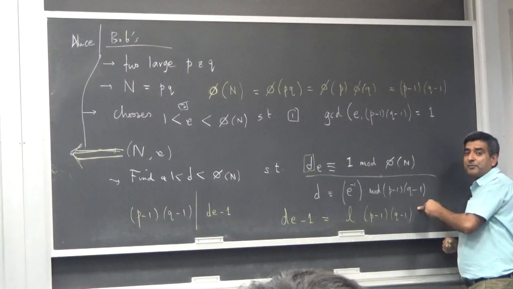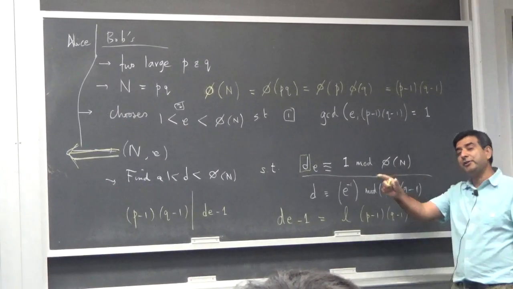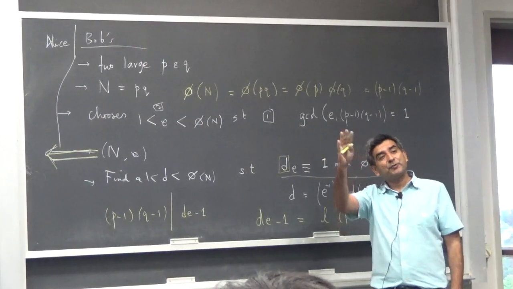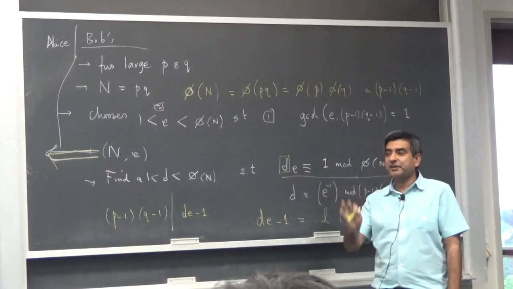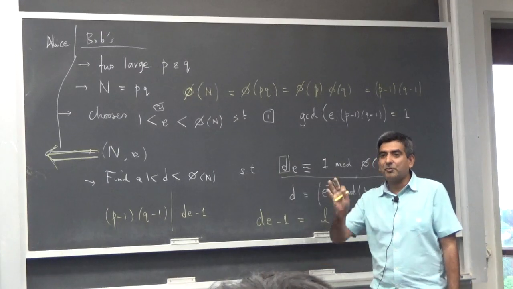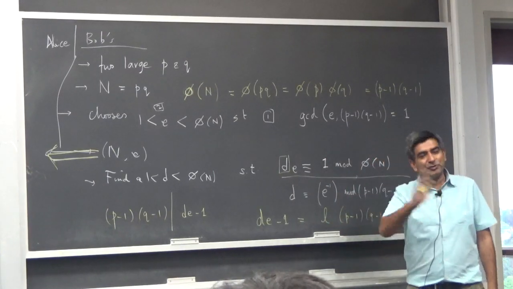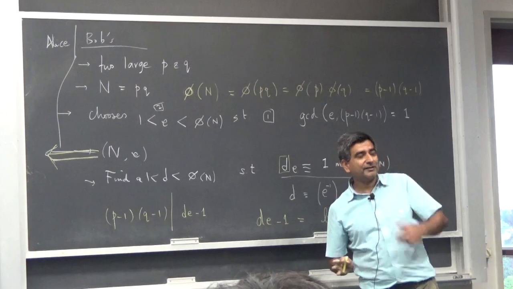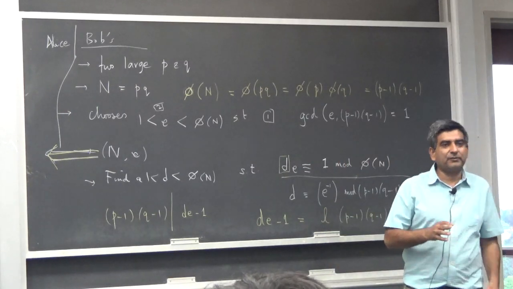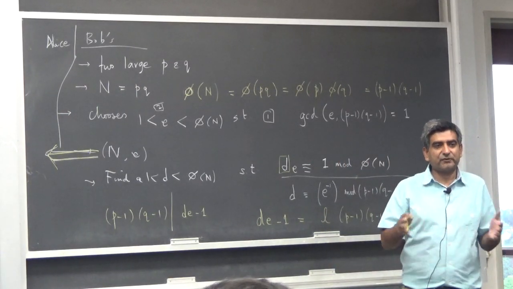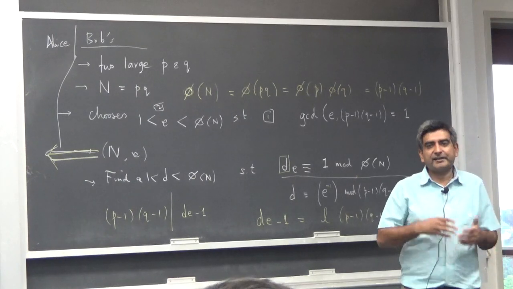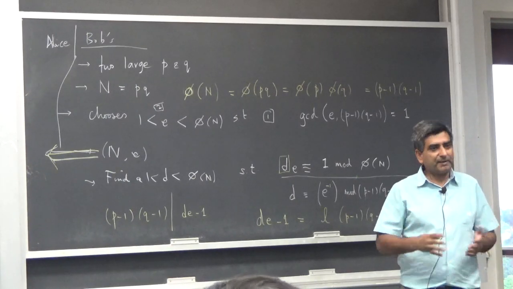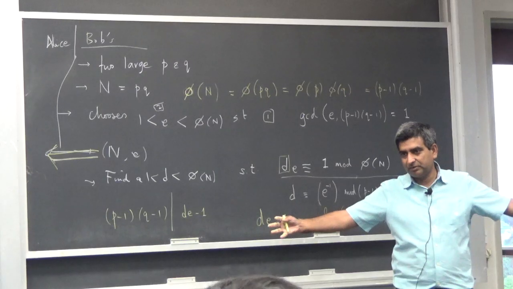Why doesn't the world know about p and q? Because they only know about N. The world knows about capital N, and factorization is a really hard problem. So knowing N, there is no classical computer that can solve for the prime factors of capital N in a finite expanse of the lifetime of the universe, perhaps, if N is really large.